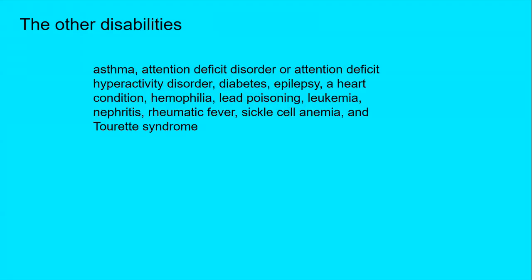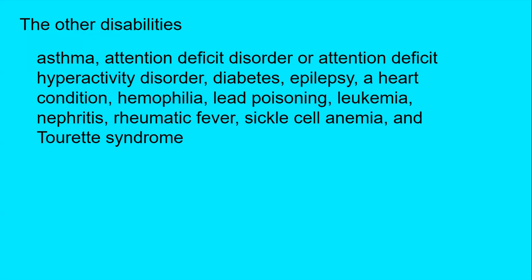And what about the other disabilities? Asthma, diabetes, epilepsy, heart condition, hemophilia, lead poisoning, leukemia, nephritis, rheumatic fever, sickle cell anemia, and Tourette syndrome? Well, those disabilities can have their own challenges. But again, it doesn't necessarily mean that you would qualify for an IEP.